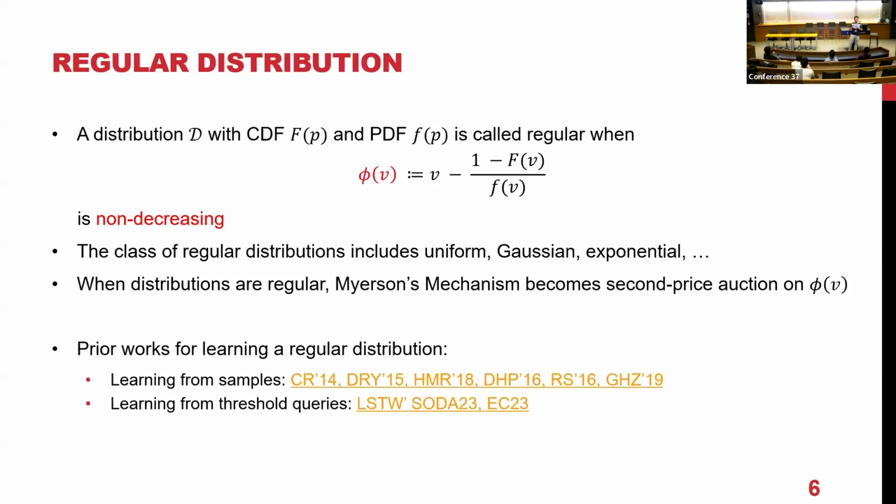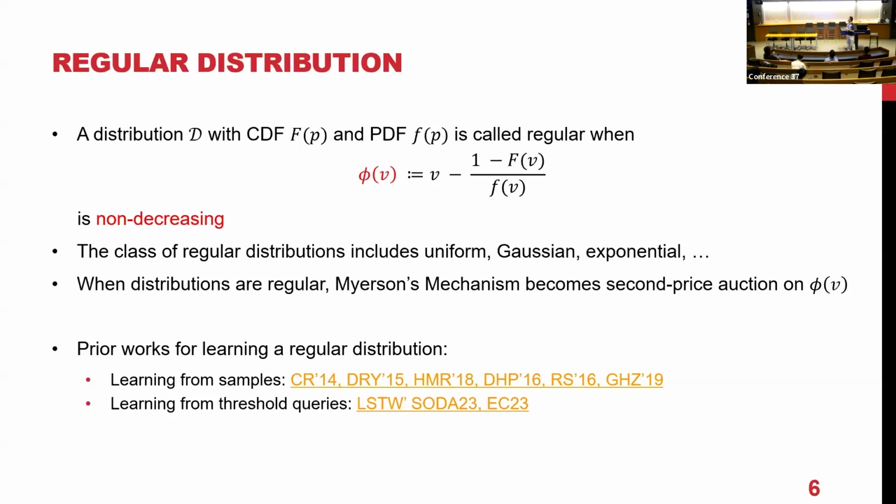There are also many prior works on how to learn a distribution via some access to samples. Basically, there are two major lines of research. The first line focuses on how we could learn a regular distribution well via samples. One work along this line to point out is the paper from Guo, Huang, and Zhang in STOC 2019, where they settled the sample complexity for the Myerson mechanism, and they also provided a tight sample complexity specifically for regular buyers as well.